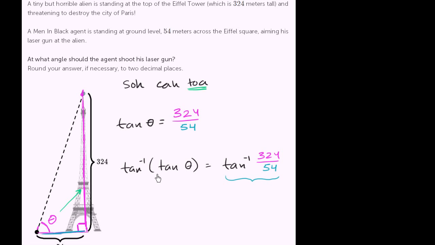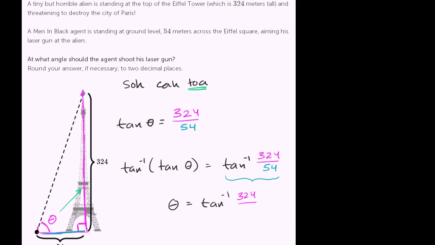This says, what is the angle that when I take the tangent of it gives me tangent of theta. So this right over here just simplifies to theta. Theta is the angle that when you get the tangent of it gets you tangent of theta. And so we get theta is equal to inverse tangent of 324 over 54.